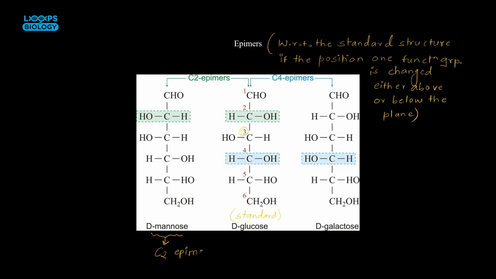What do you mean by C2 epimer? On the second carbon, the hydroxyl group which is present on the right hand side will move to the left hand side of the structure. Can you see this? This is carbon number 1, this is carbon number 2. So on the second carbon, I am keeping my hydroxyl group on the left hand side. The rest of the structure of glucose remains the same.